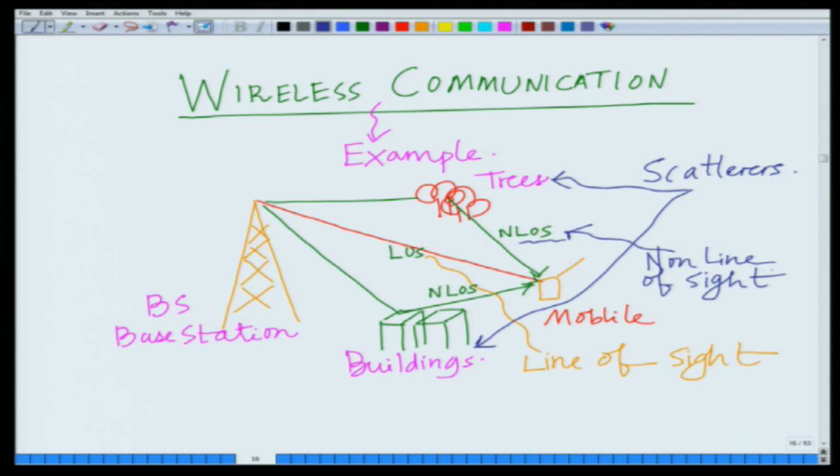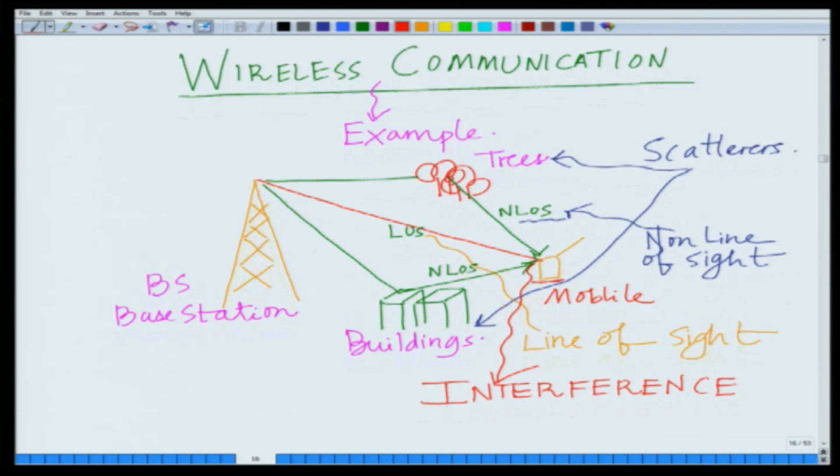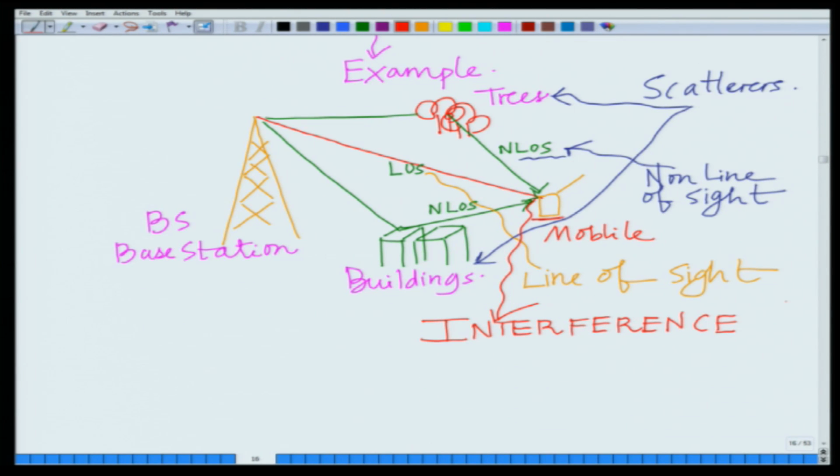As a result of this, these several signal components are going to cause interference. These multiple signal components cause interference at the mobile receiver.